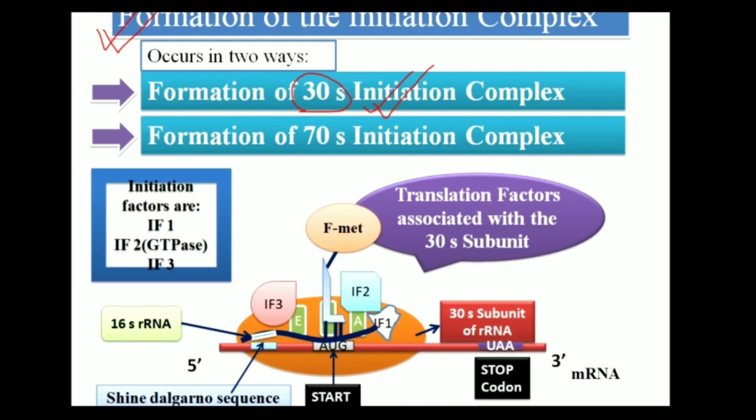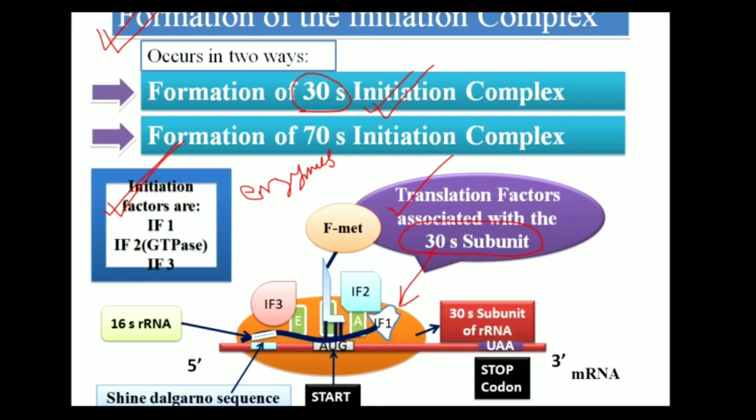Different types of factors are involved in it, and these factors are known as initiation factors, the translation initiation factors, which are associated with this 30S subunit, as given in the below diagram.